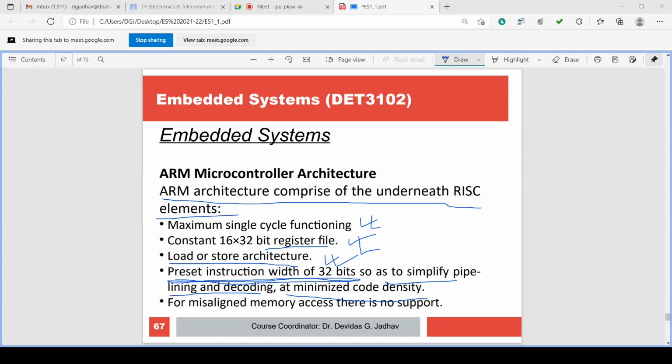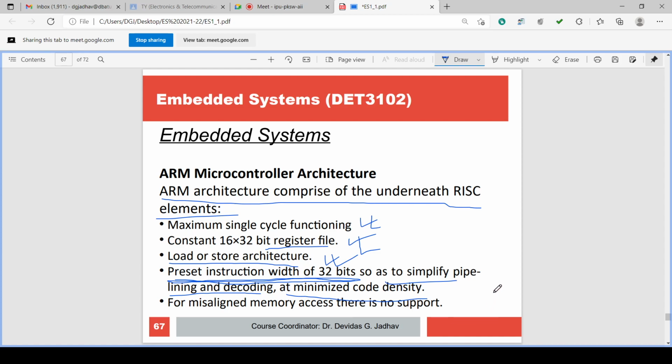What is the fetched data used for? It is utilized for decoding. What do you mean by decoding?